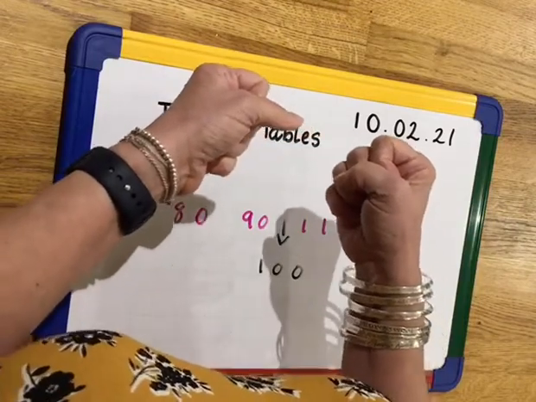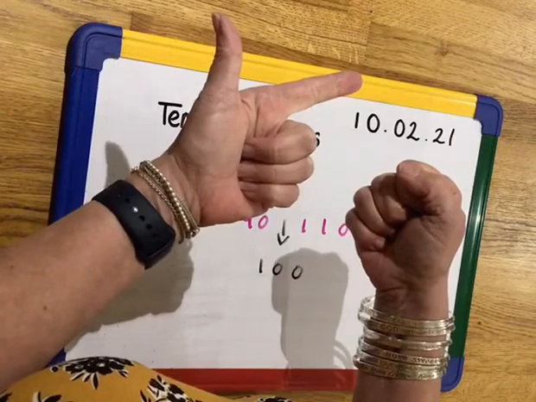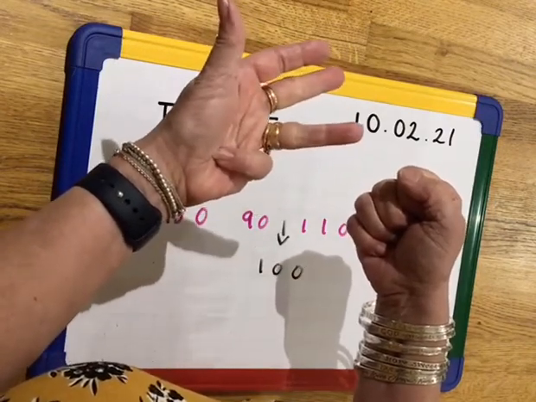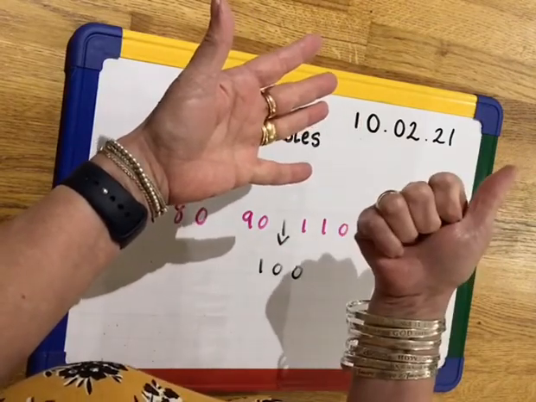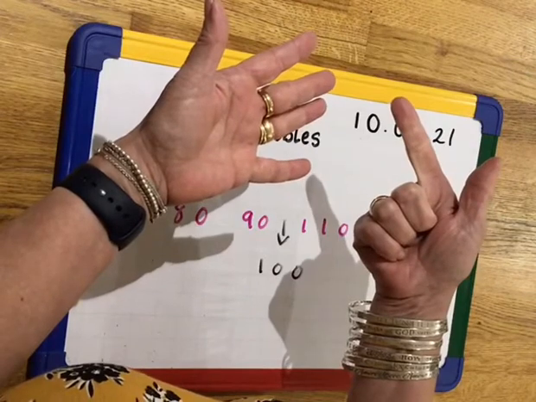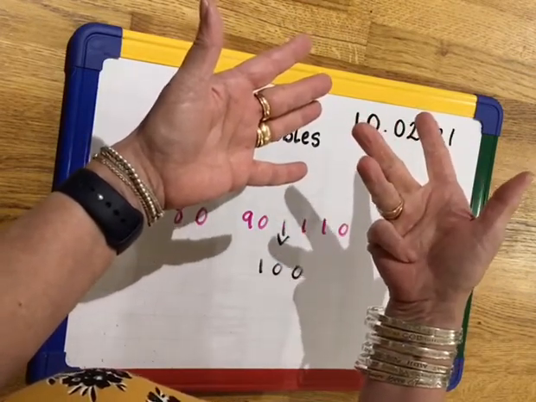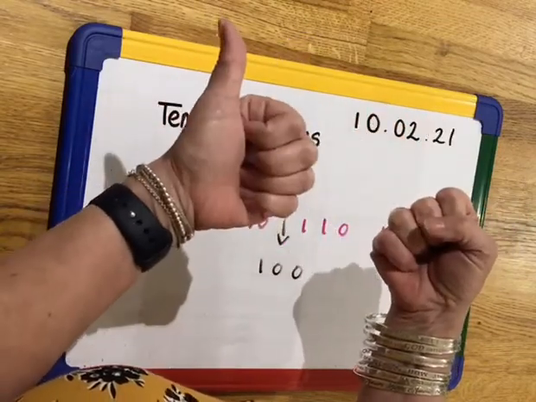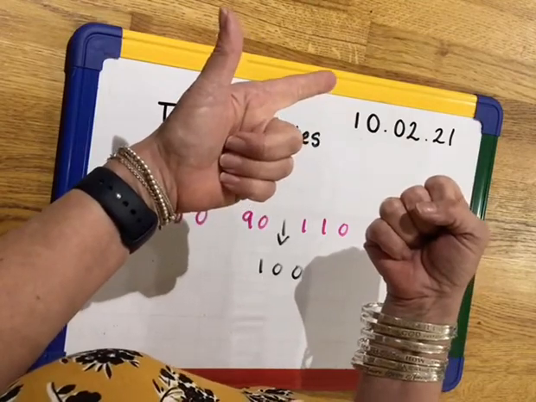Or I can say it as a times table. 1 times 10 is 10. 2 times 10 is 20. 3 times 10 is 30. 4 times 10 is 40. 5 times 10 is 50. 6 times 10 is 60. 7 times 10 is 70. 8 times 10 is 80. 9 times 10 is 90. 10 times 10 is 100. 11 times 10 is 110. 12 times 10 is 120.